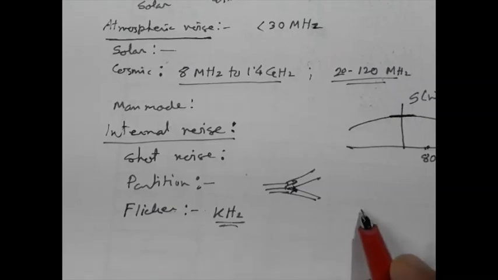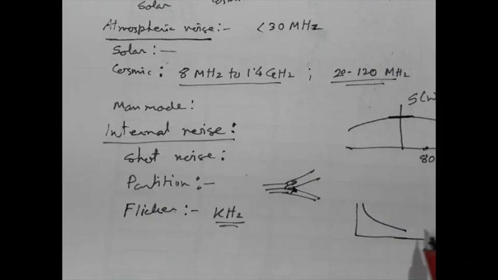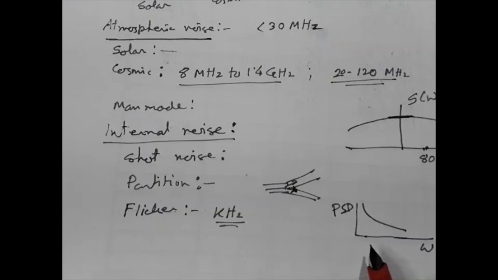That means the power spectral density of this noise may be like this. This is the PSD. So lower the frequency, higher will be the noise power. So this type of noise is called the flicker noise.